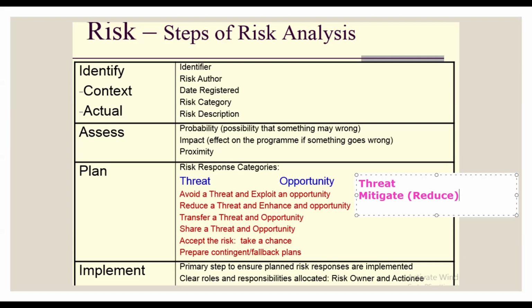The chances of slippage will be reduced, and if it slips, it will slip by a lesser amount. Yes or no? So when we take mitigate as a strategy, it will either reduce likelihood or impact or both, right?